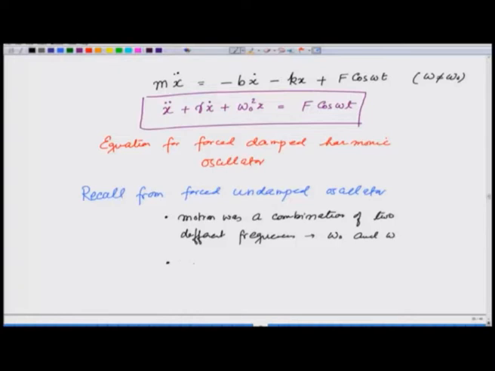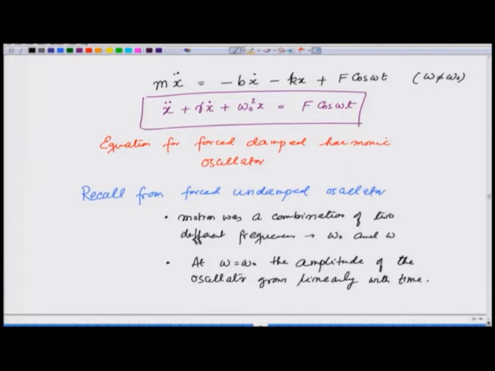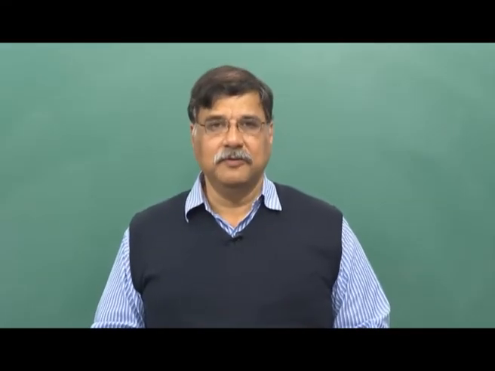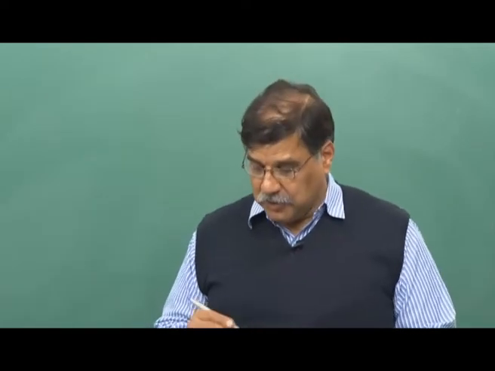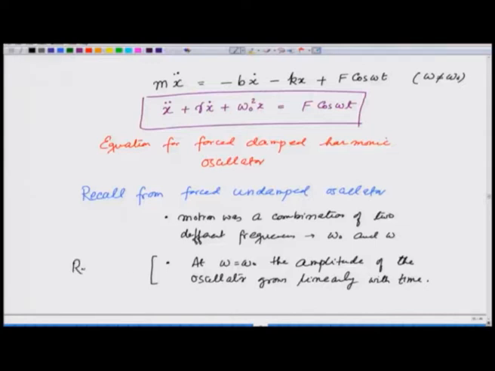And at omega equals omega 0, the amplitude of the oscillator grows linearly with time. So, if the frequency of the applied force becomes the same as the natural frequency of the oscillator, then the amplitude grows with time linearly and finally becomes very large, and this is known as resonance.